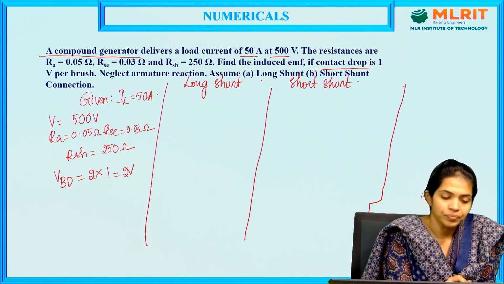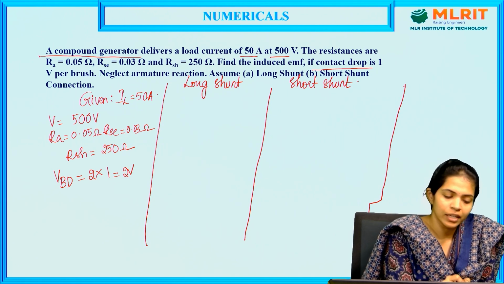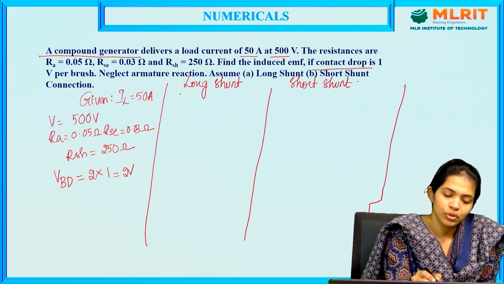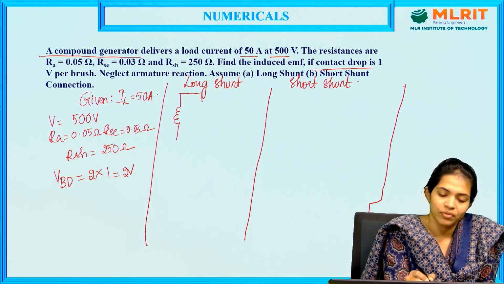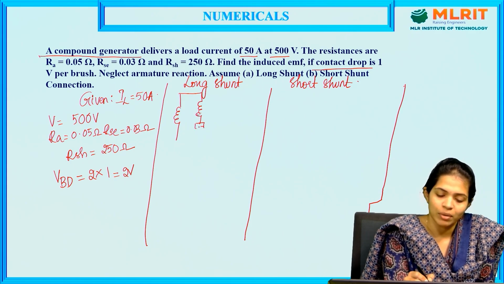So before calculating it, let us draw the circuit first. We know that a compound generator is a generator where we have both series and shunt field windings connected to armature.